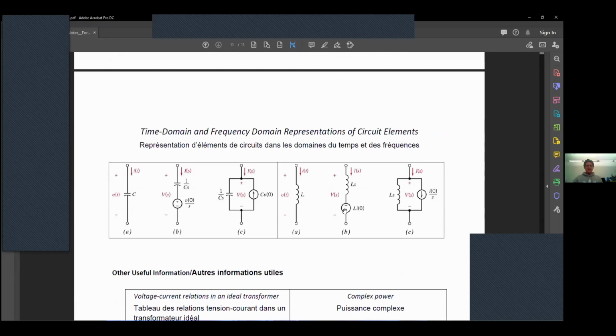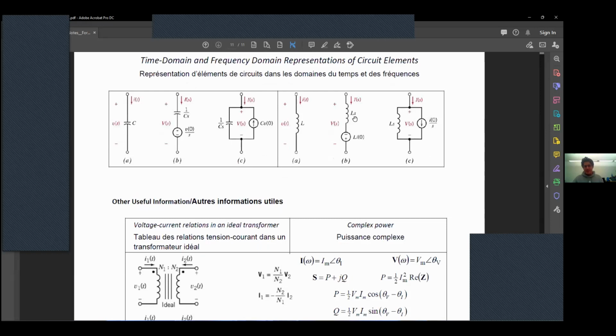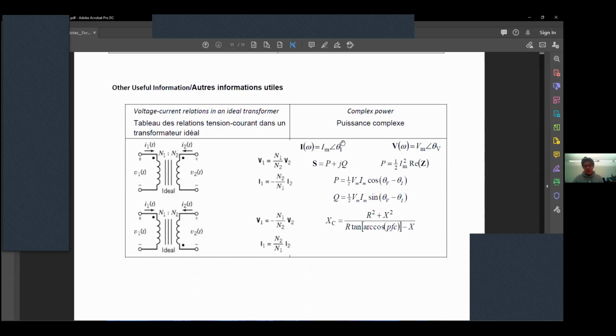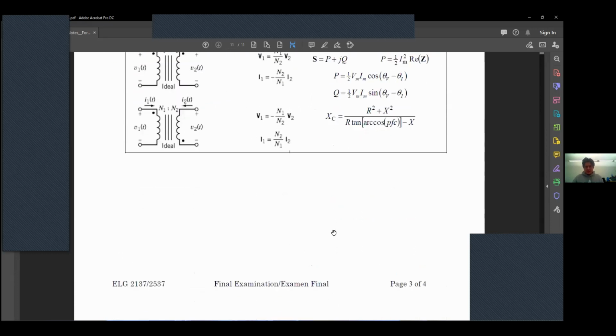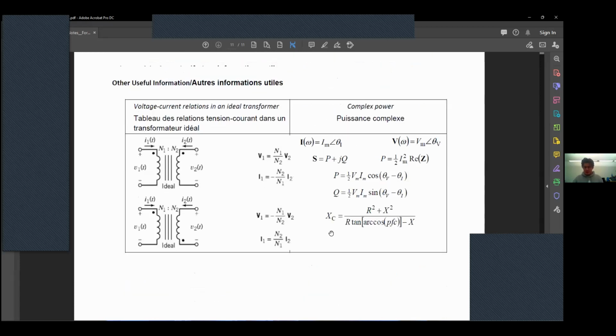As well as the time domain and frequency domain representation of circuit elements. Please remember S is just J omega. It's just so that we don't have to write J omega. And you do get some of the conversions, specifically the phasor conversions and the transformer relations. And yeah, so that's pretty much it that you get for the final.